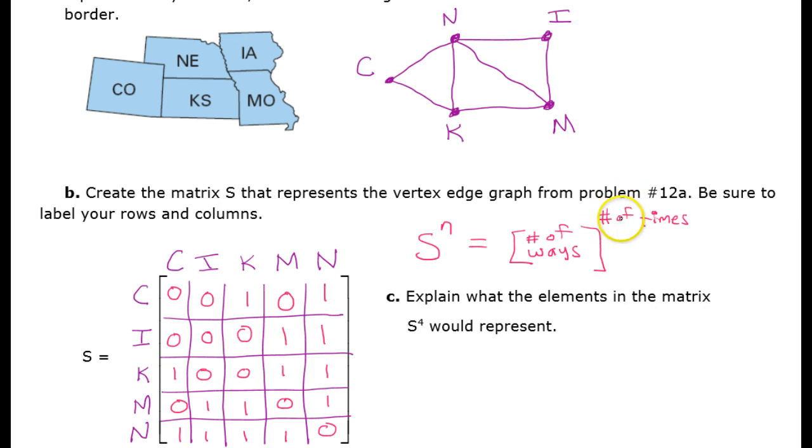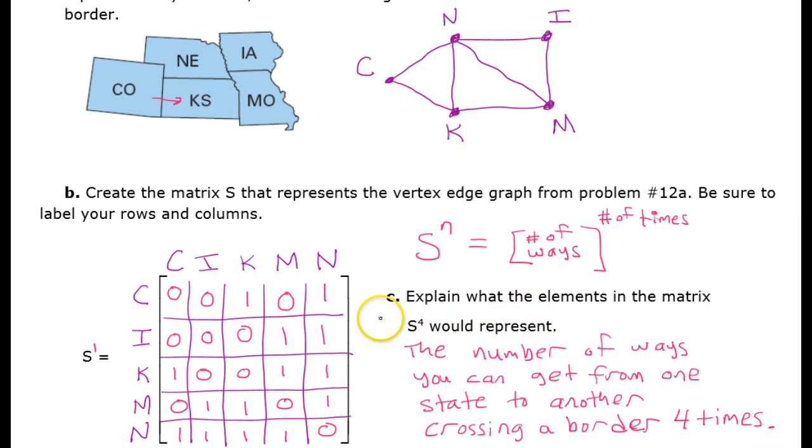And the exponent represents the number of times. So for example, this matrix is just matrix S, so you can think of it as S to the 1 power. So every number on here represents the number of ways you can go from one state to another, crossing a border one time.